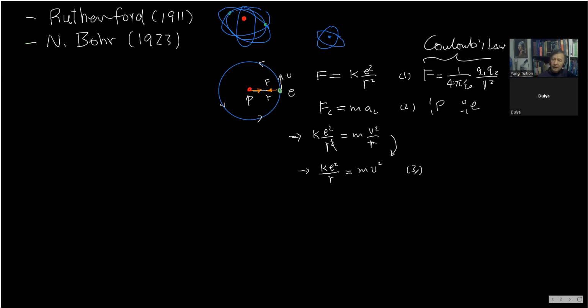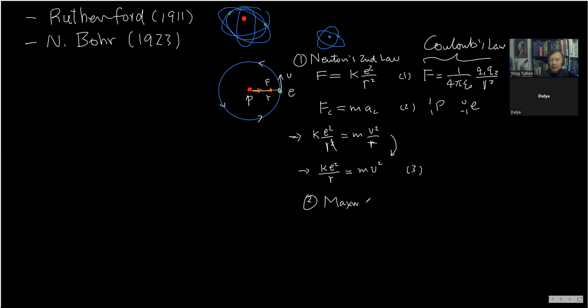But unfortunately, people realized that there is another theory, Maxwell's theory. This one is motion, so the first thing to think of is Newton's second law. Another thing you have to consider is Maxwell's theory. So what is Maxwell's theory?